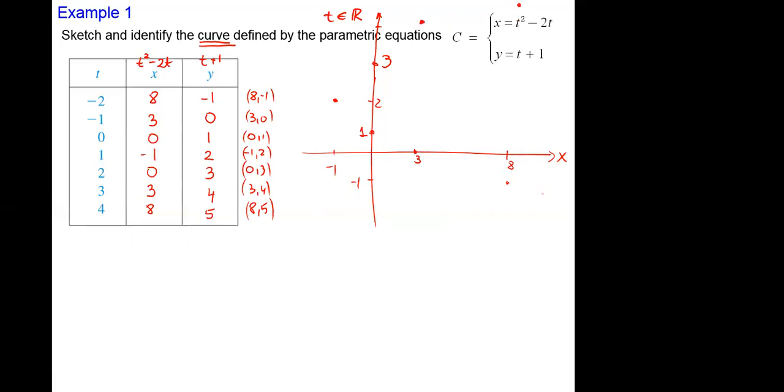And we can see we have to indicate the direction. That means this was my first dot, which was defined for t negative 2. And then I am going this way. I'm just trying to connect these points. That's 3. That's 4. And that's 5.